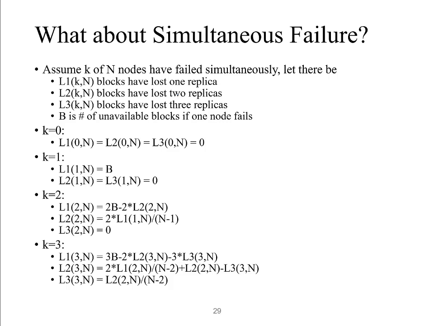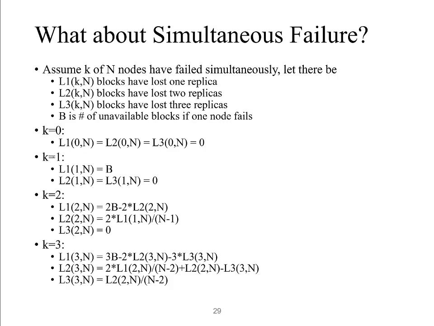Recall that B is the number of blocks in one node, which are lost if one node fails. When k equals 0, no node has failed, so everything equals 0.